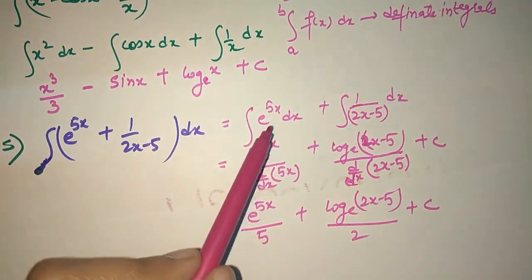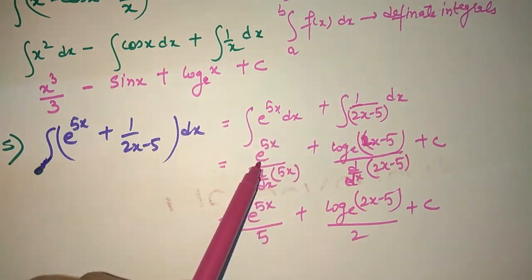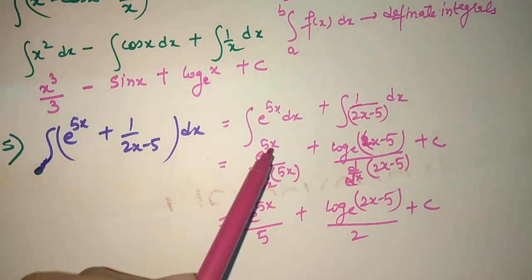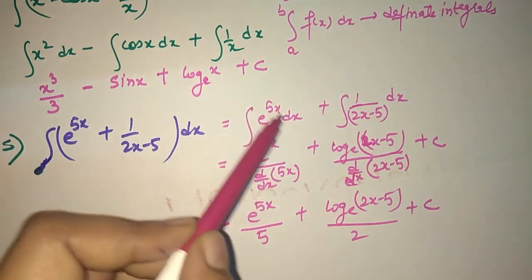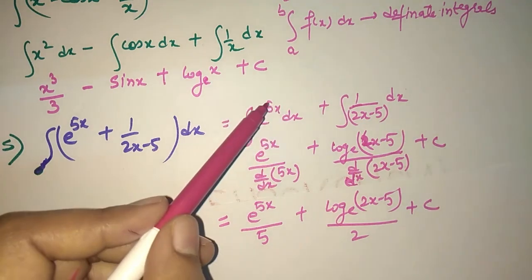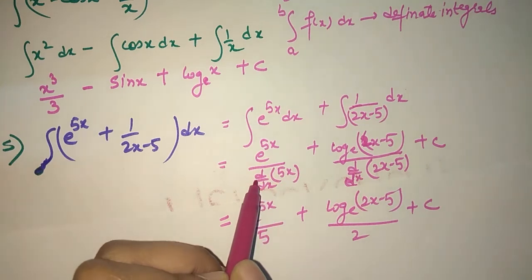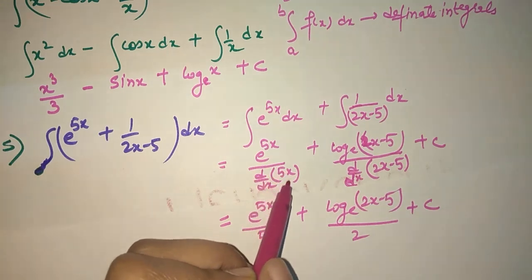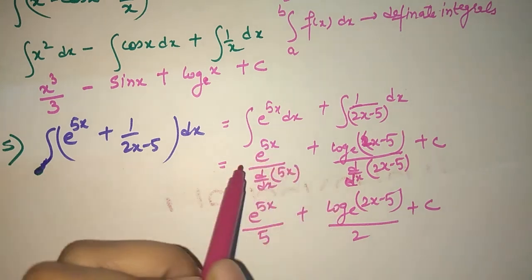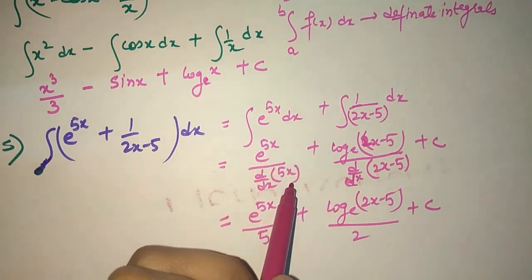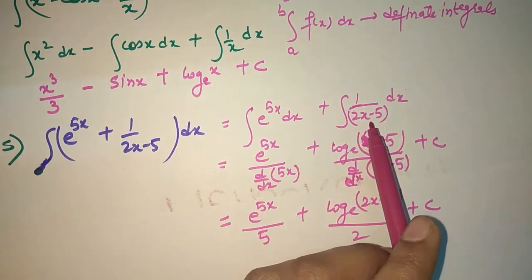So integration of e^(something) is as it is, e^(5x). Now we have to handle the 5x part, so we write the derivative of 5x in the denominator. So total is e^(5x) upon d/dx of 5x, plus what is the integration of 1 upon 2x - 5?